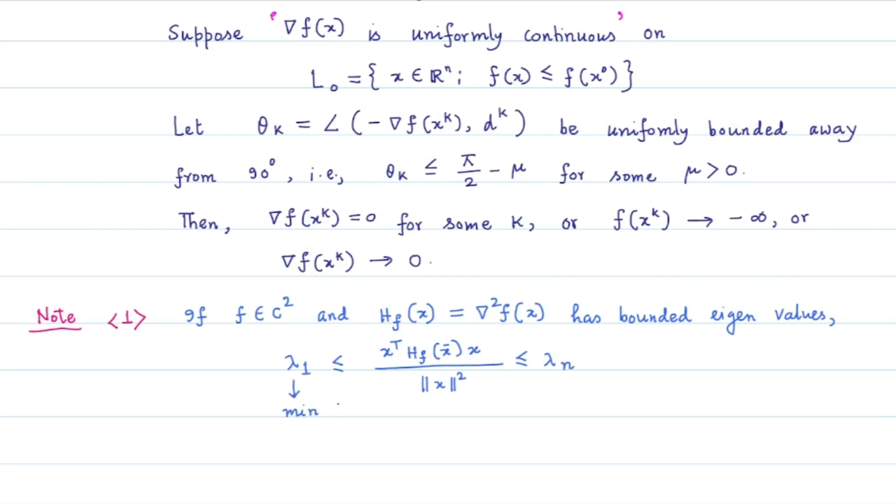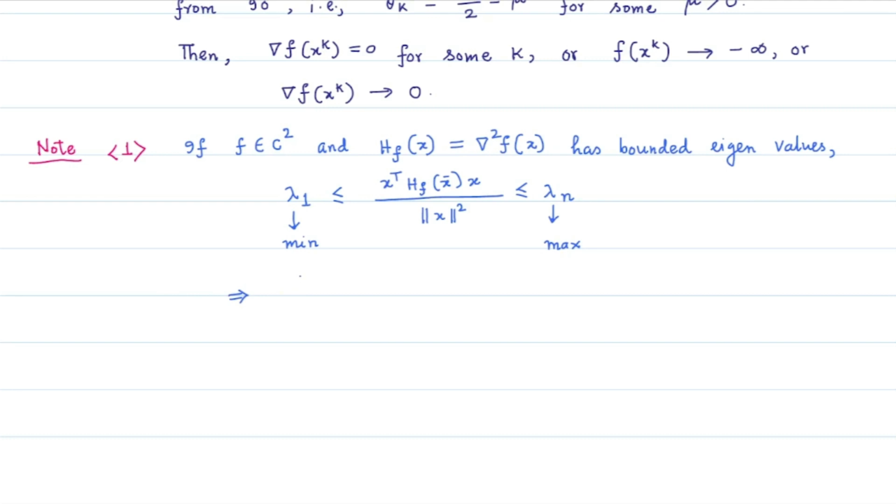This lambda 1 is the minimum most eigenvalue of all the Hessians H f(x), where x is lying in L0, and lambda n is the maximum most eigenvalue. Then we see that the spectral norm of the Hessian matrix at any point x in L0 is less than or equal to the maximum of the absolute values of all the eigenvalues of all the Hessian matrices H f(x). So effectively the norm of the Hessian matrix is less than or equal to a constant.